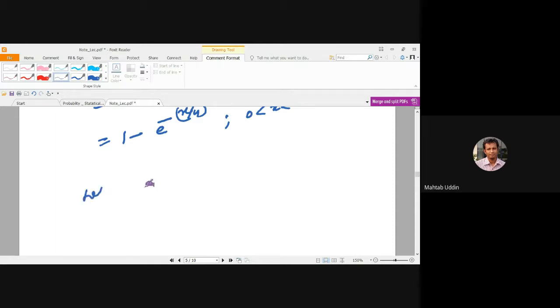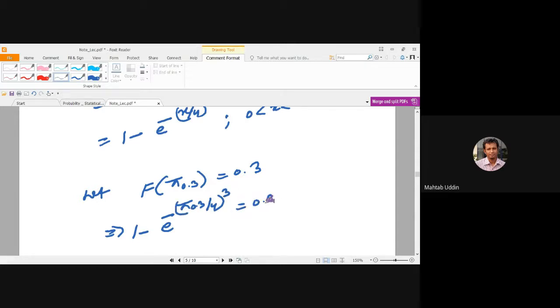Always you have to put this in the CDF, not the PDF. This is pi 0.3. Its probability will be 0.3. And you know this is 1 minus e to the power minus, in case of x you have to put pi 0.3 by 4 whole cube, equal to 0.3. Can I write it?